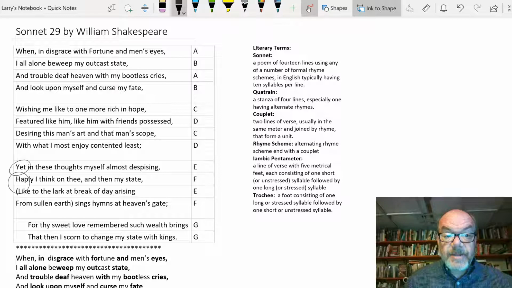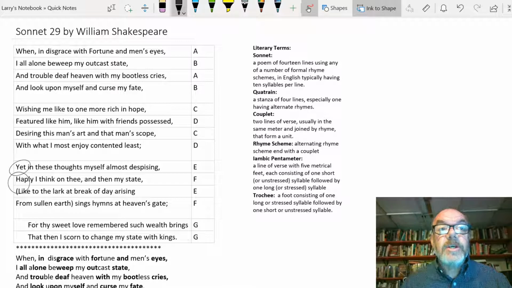And then my state. Remember, quatrain number 1, we had outcast state. Quatrain number 3, after the shift, we have haply I think on thee, and then my state. Then my state, like to the lark at break of day arising from sullen earth, sings at heaven's gate. Now that 10th line started with a haply.